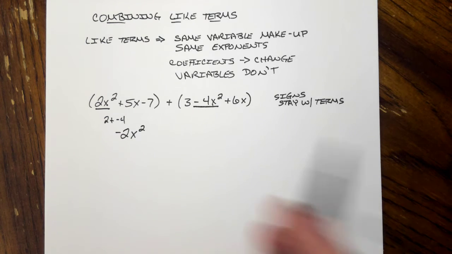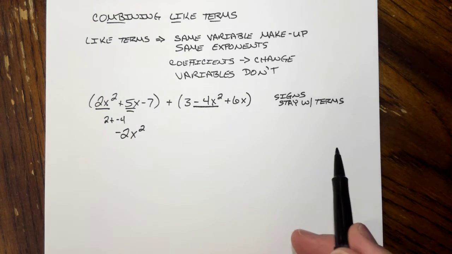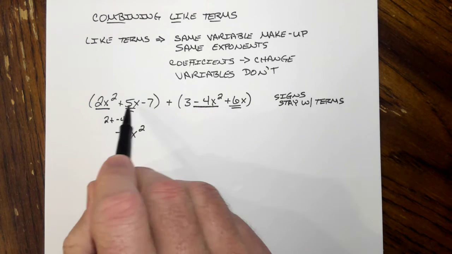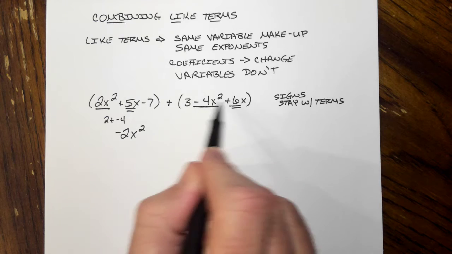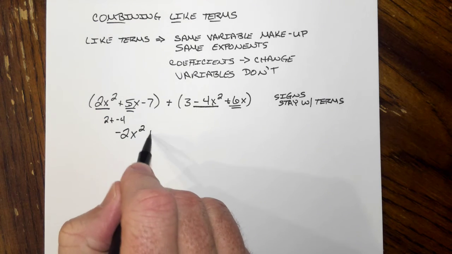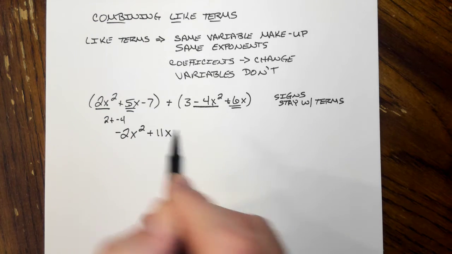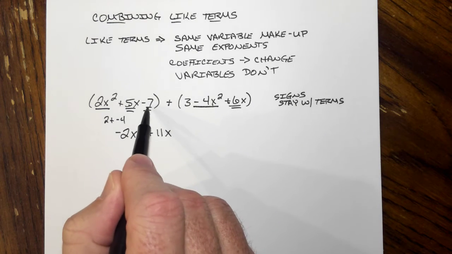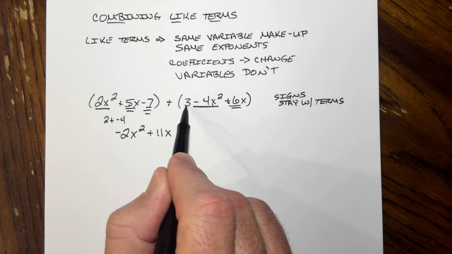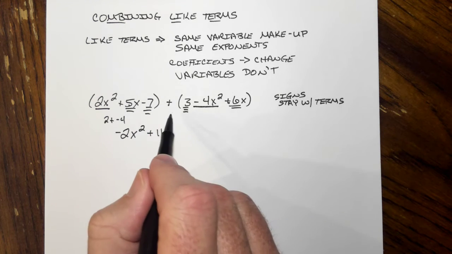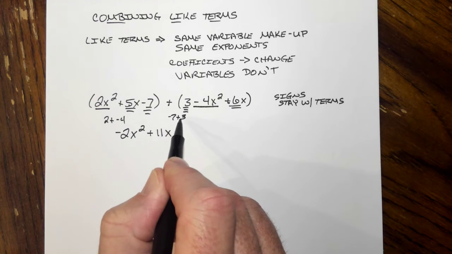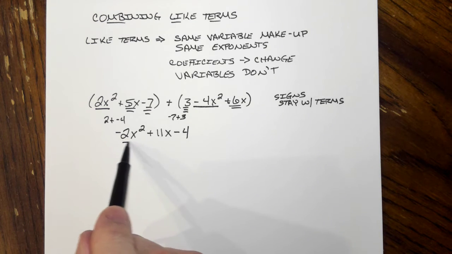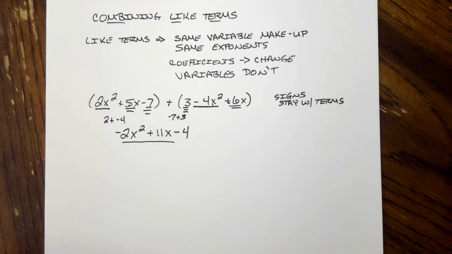X squared. Next, I see a 5x. So I look, no, used, there. So now we have 5 plus 6 plus 11x. And then finally a constant, no variable with it, negative sign. Another constant. So we have negative 7 plus 3 gives us a negative 4 as our final answer. Negative 4.